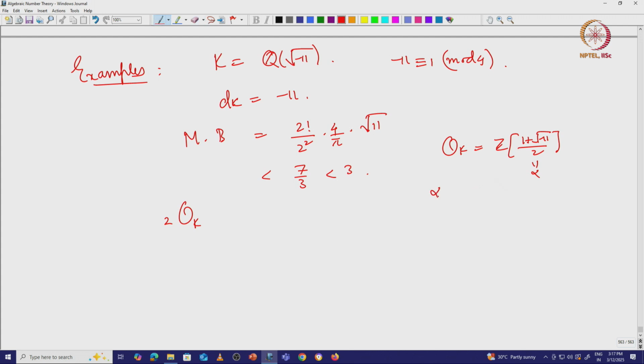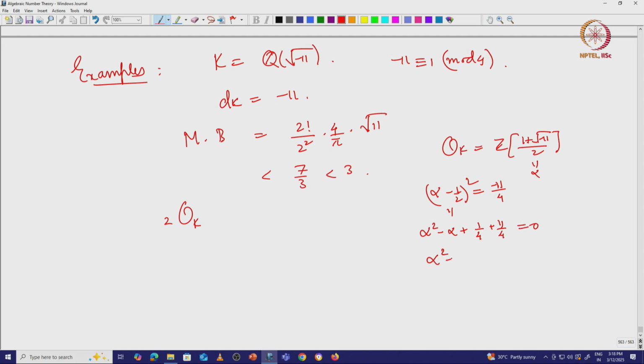So, alpha minus half, its square is equal to minus 11 by 4, and I can write this as alpha square minus alpha plus 1 by 4 plus 11 by 4 is equal to 0.